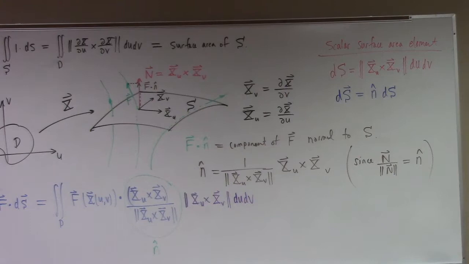The integral over the surface of F dot dS is equal to, in fact, the integral over the parameter domain D. You take your vector field, you evaluate it at the parameterization, and then you just take the dot product with this. And integrate. And that's how we calculate flux.